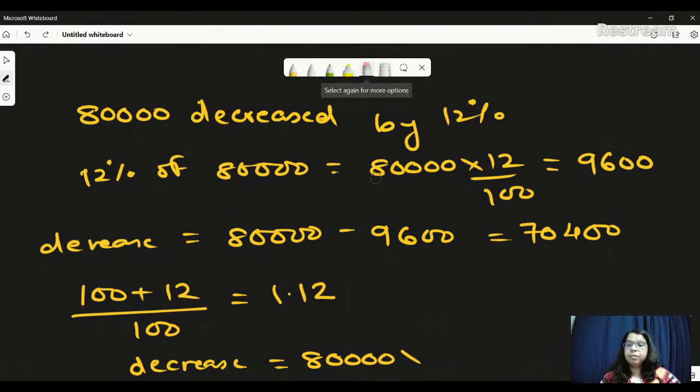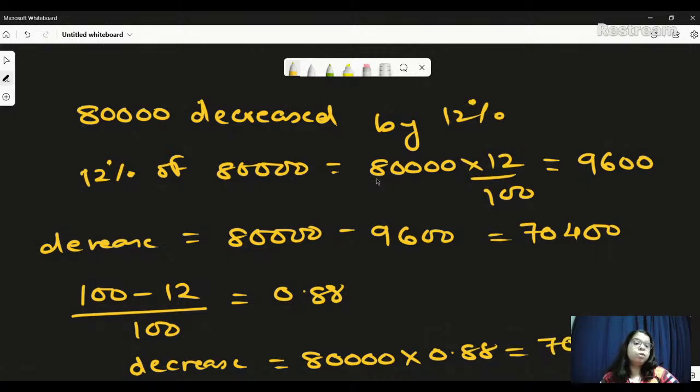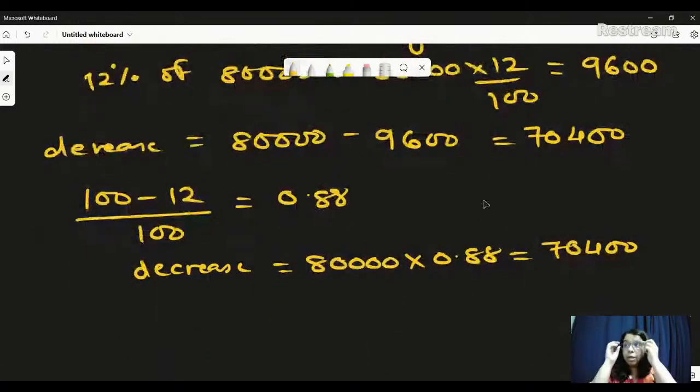This is 100 minus 12, so it is going to be 0.88. So the decrease is equal to 80,000 multiplied by 0.88. That is going to be equal to 70,400. Okay, so this is how you calculate the increase and decrease. Sorry, my eye is bothering me today. Then let's do a few more examples.